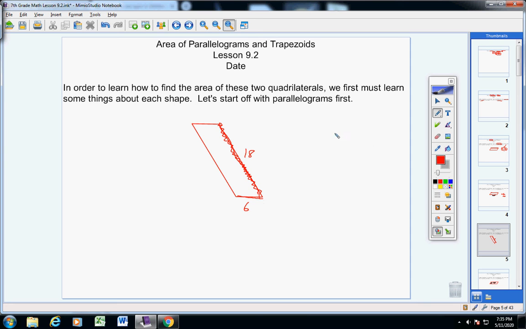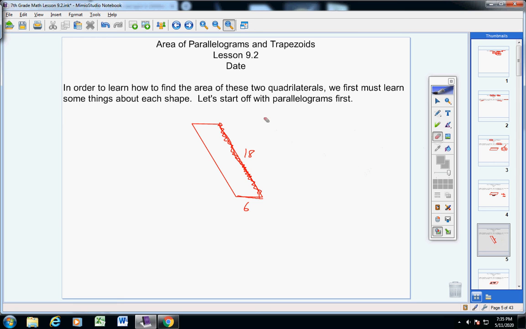Just like a triangle, guys, remember a triangle like this side here is not the height of a triangle, and this side here is not the height of a triangle. The height of a triangle has to come from the highest point down to the base, and it has to be what? Remember? Perpendicular. Or, in other words, it has to form a right angle.